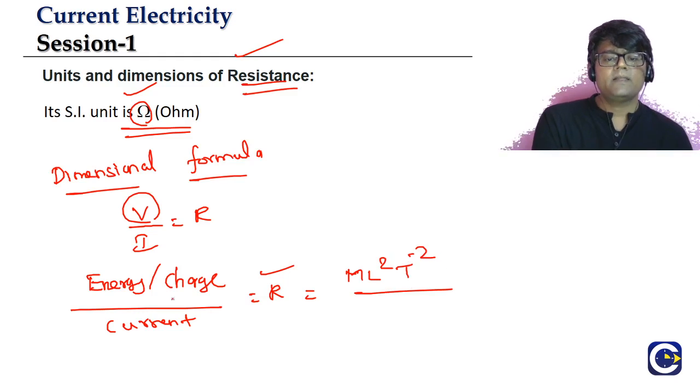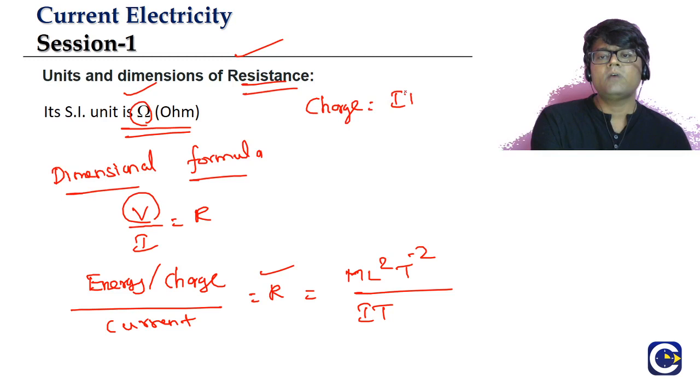Divide by charge, which also comes to the denominator. We will use current as I, so charge will be I into T, current into time, and there is one more current I. So what is the final dimensional formula for the resistance? mL square T power minus 3, I power minus 2.